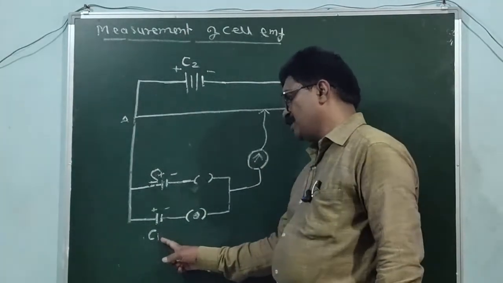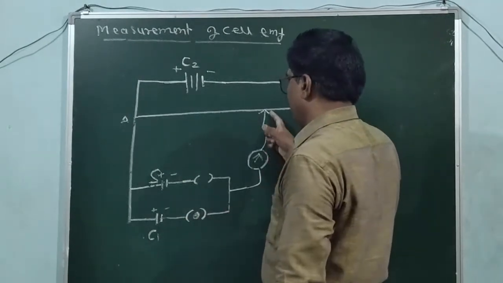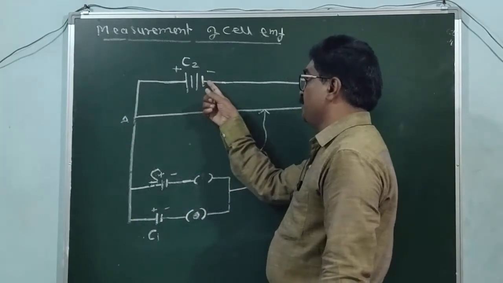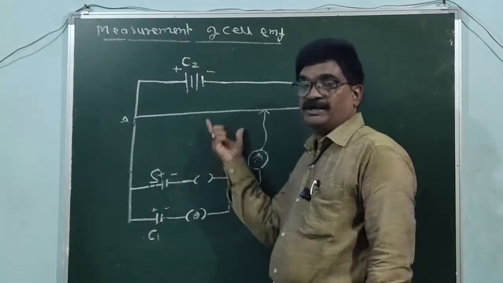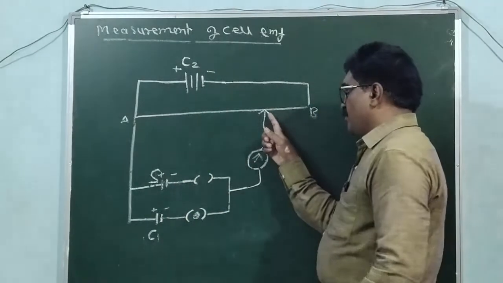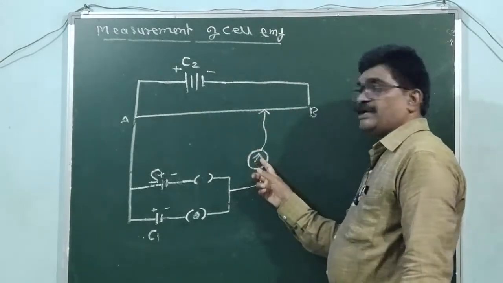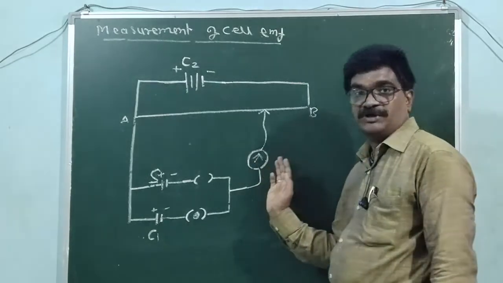Then C1 now becomes opposed to C2. That means here C1 is now included in the circuit. So when we slide this jockey, there will be a deflection, and the galvanometer shows a deflection.